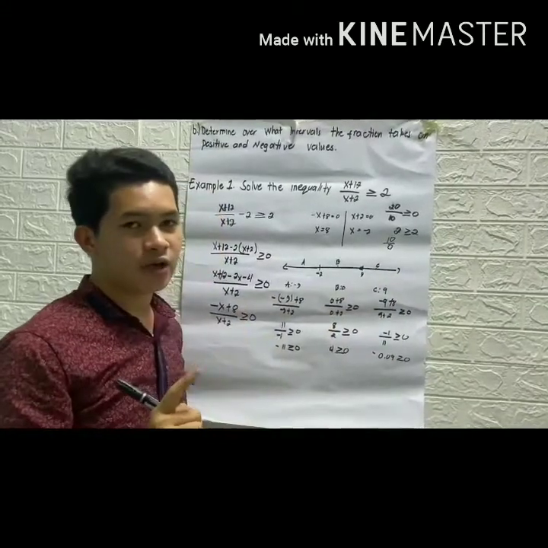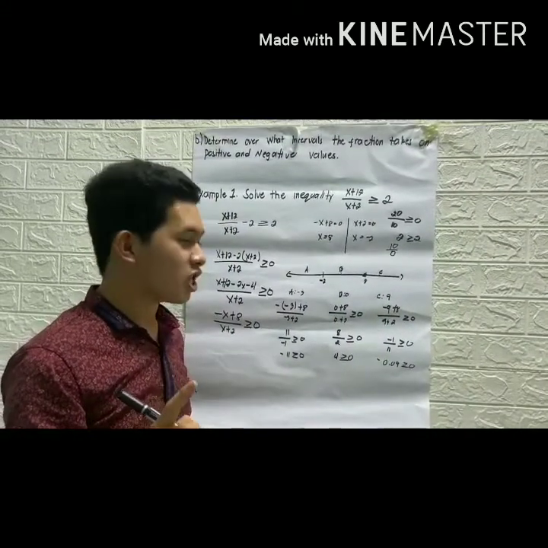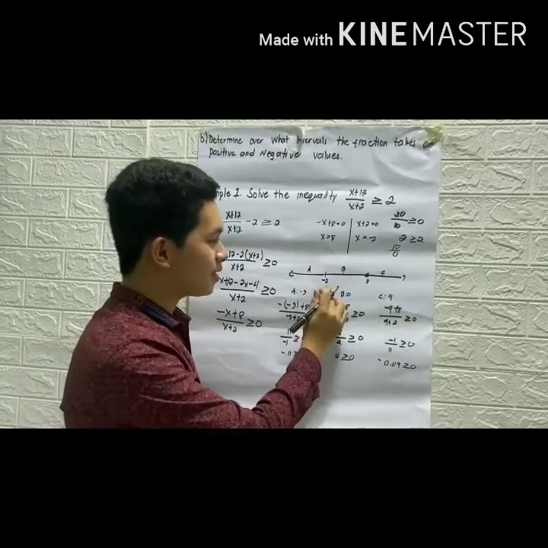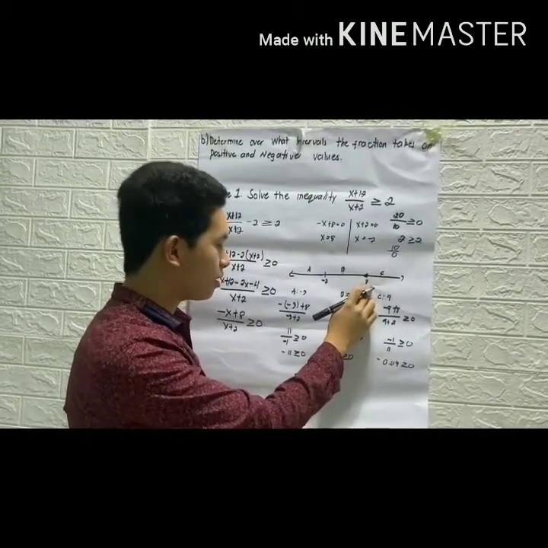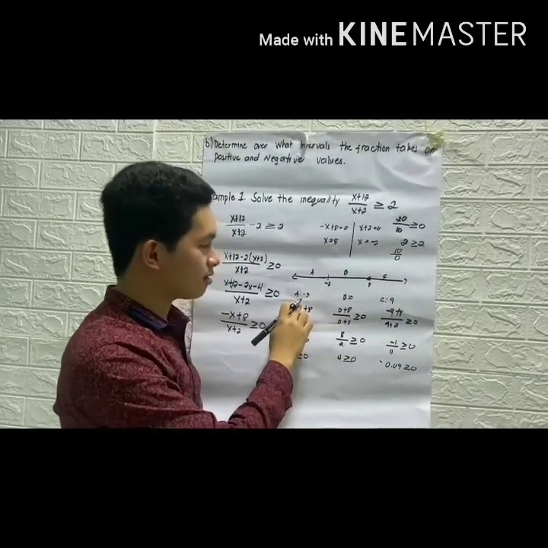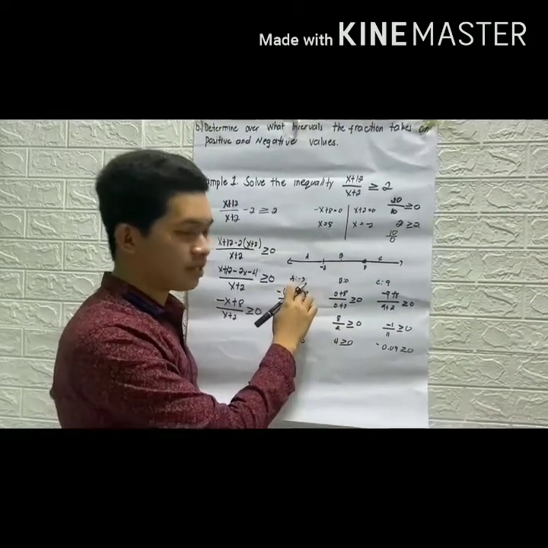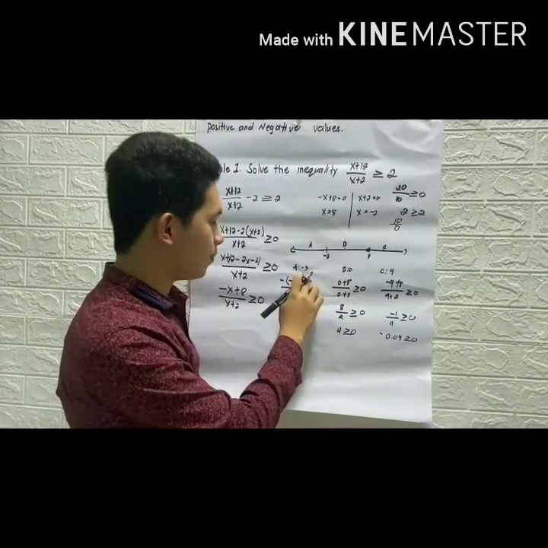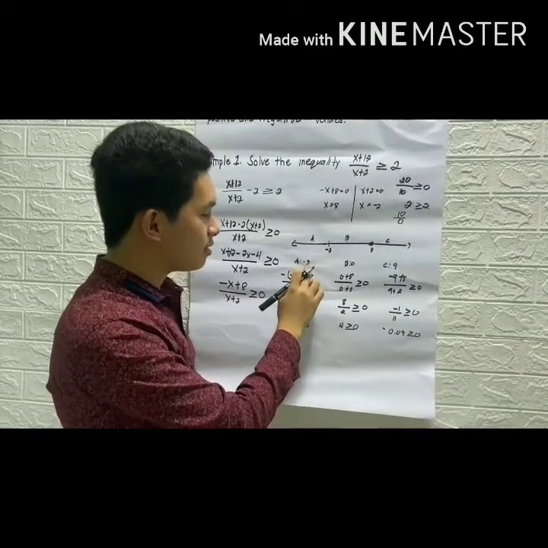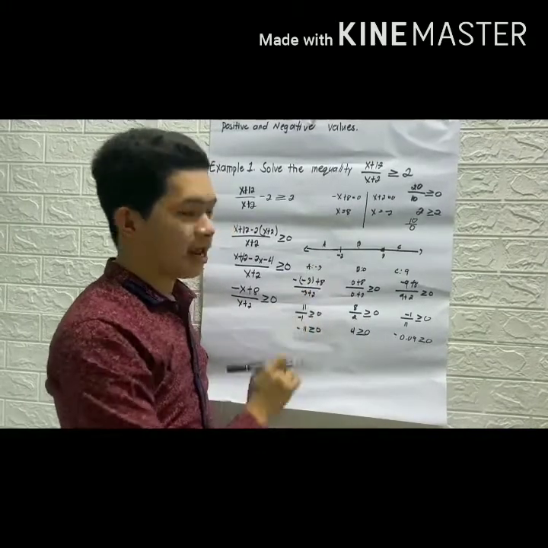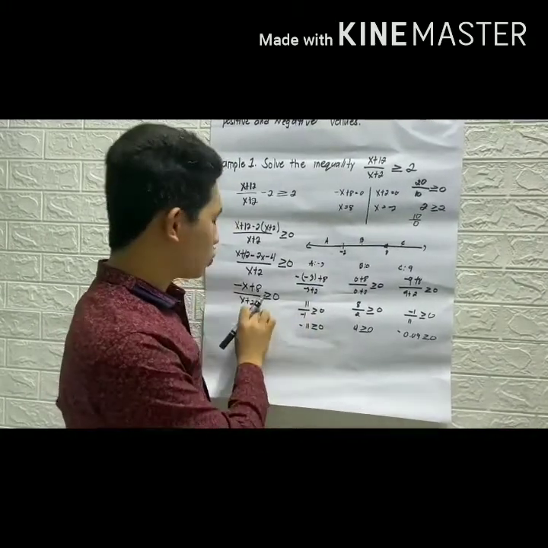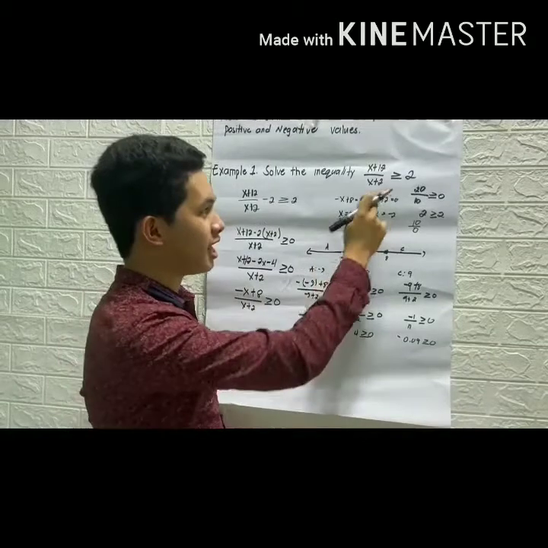Each interval ay kukuha tayo ng test points na mas malapit sa mga given, which is negative 2 and 8. So, si interval A ay negative 3 yung kunin natin. So, asan ba natin isa-substitute yung negative 3? Dito, hindi sa original equation.